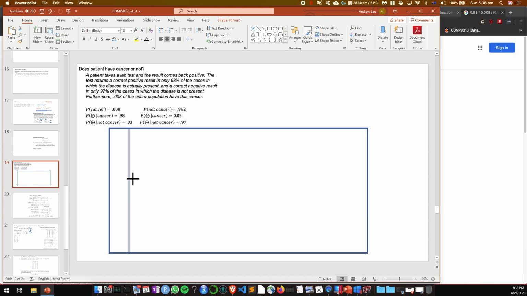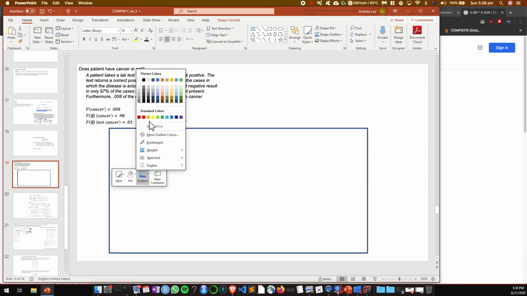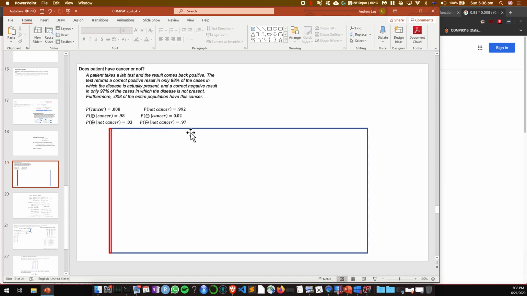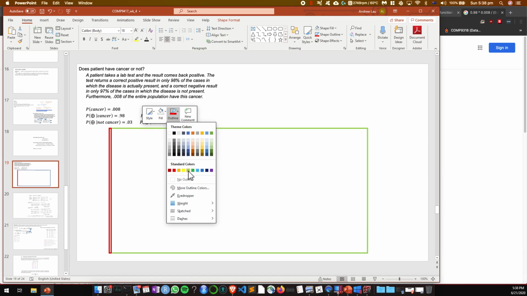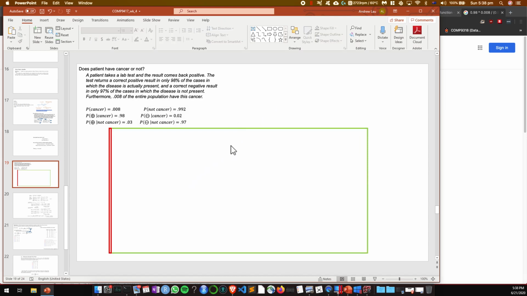So it's less than 1%. Let's just call it this much. So these are all the people that have cancer, and I'm going to make this red because cancer's bad, and then everyone else is here and they don't have cancer, which is good, so I'm going to make that green. So not cancer, cancer.